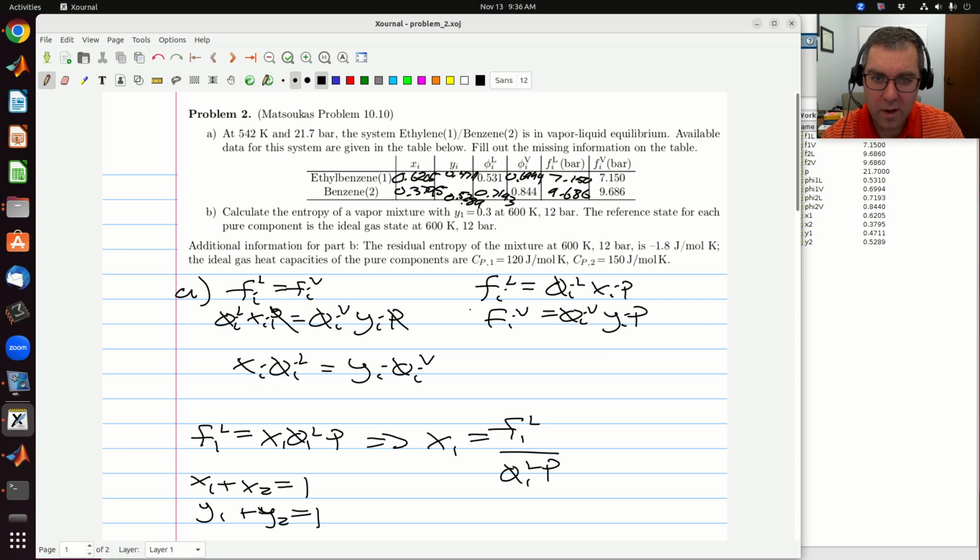And we compute the fugacity coefficient of component 2 in the vapor, let's see, hold on, I'm trying to rationalize myself because something doesn't quite seem right.